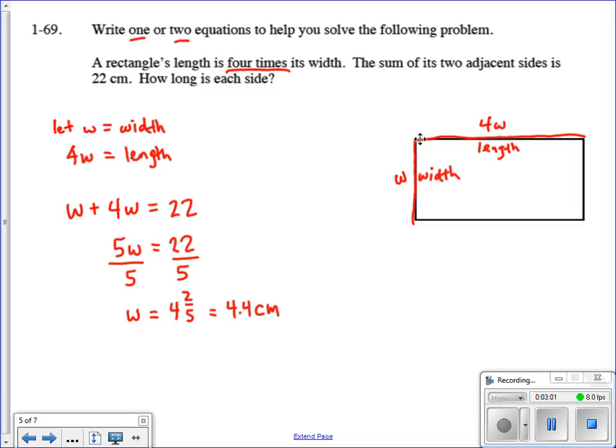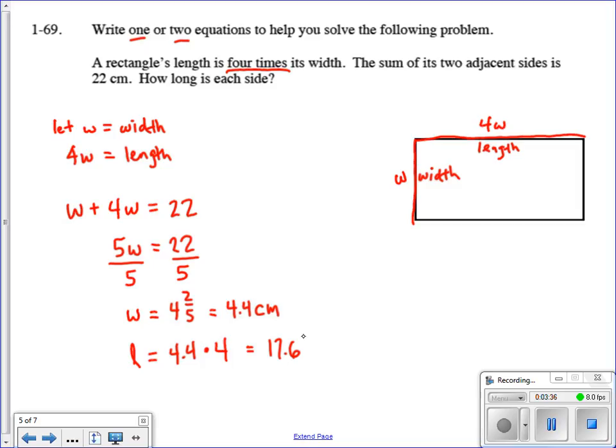Now, we will also want to know what our length is going to be. Since our length is 4 times as long as the width, we can say that our length is going to equal 4.4 centimeters times 4. And when you do that, 4 times 4 is 16, so that should be 17.6, I do believe.